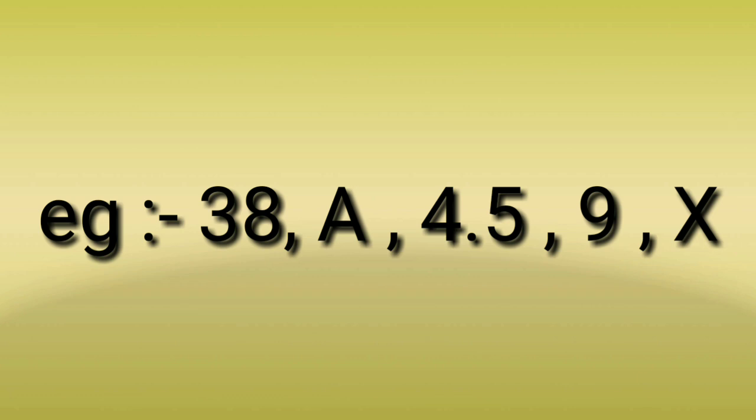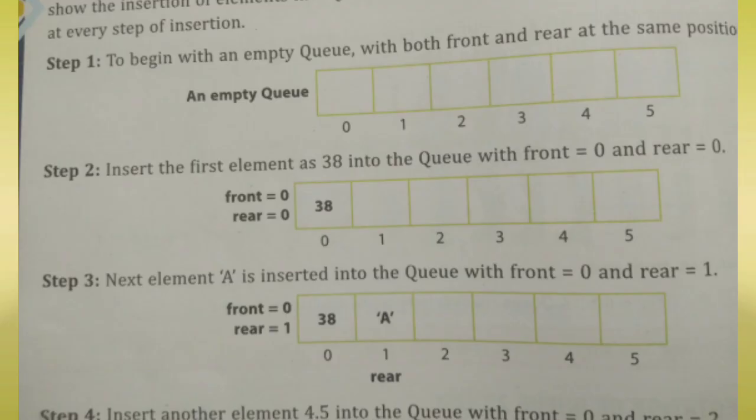Did you see here? Five values are there. We are going to insert these five values into a queue: 38, A, 4.5, 99, X. We can insert each value one by one. Here is one empty queue, and its index values are also given: 0, 1, 2, 3, 4, 5.